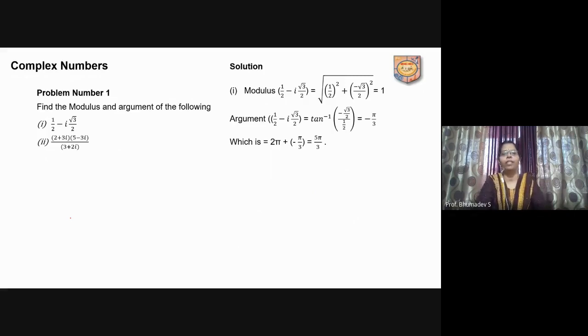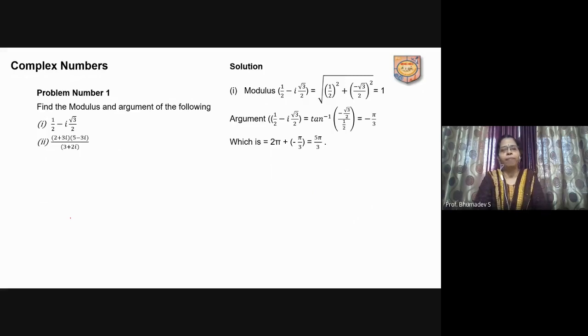The argument, as you know, is tan inverse of y upon x. In this case, the y value is minus root 3 by 2 and the x value is 1 by 2, which is nothing but tan inverse of root 3, with the minus sign. So minus pi by 3 will be the answer for this.